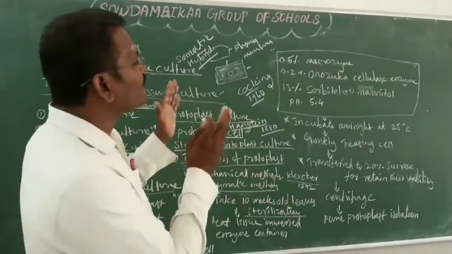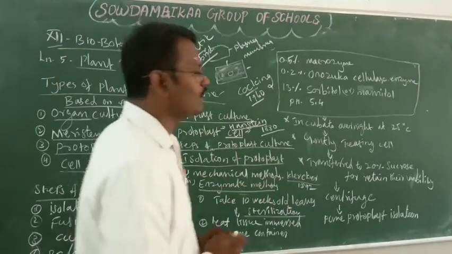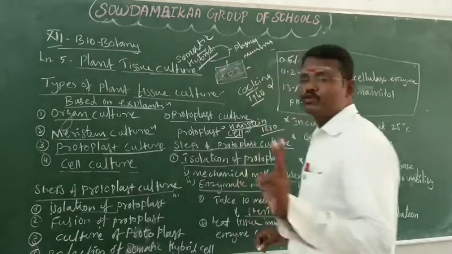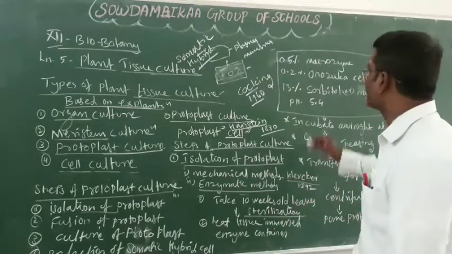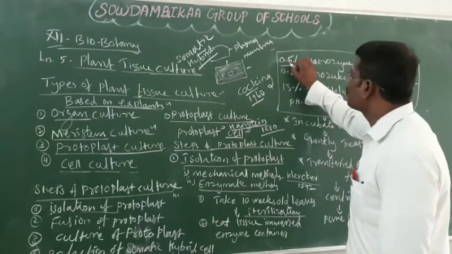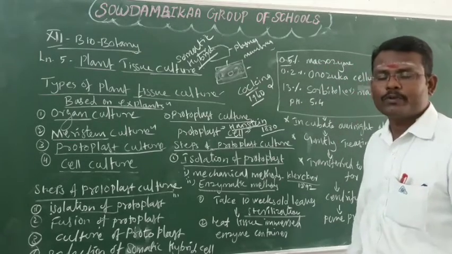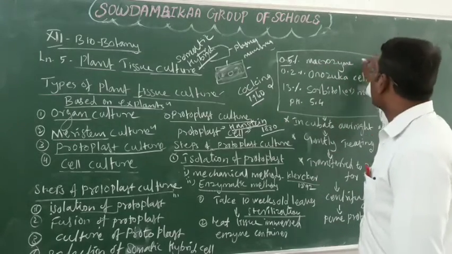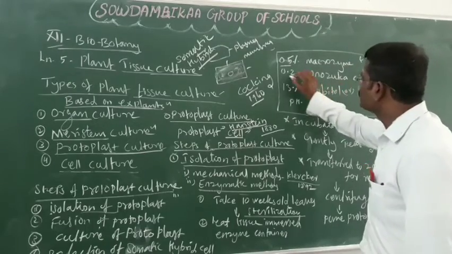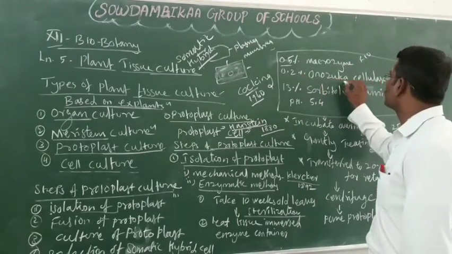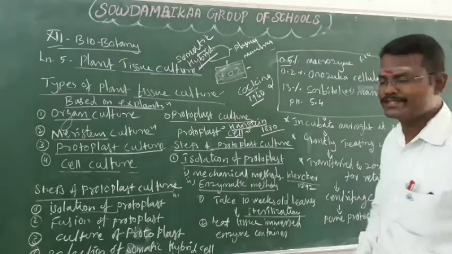What are the enzymes that will be there? Very important, two more questions: what are the enzymes involved? First one is 0.5% of macerozyme. Another one is 0.2% of the Onozuka cellulase enzyme.